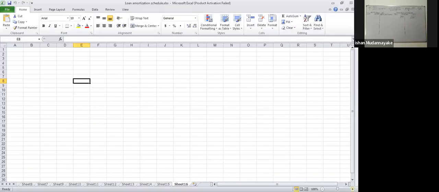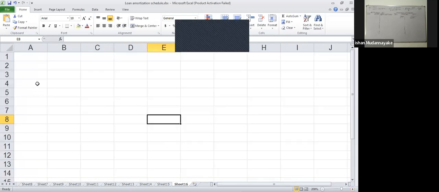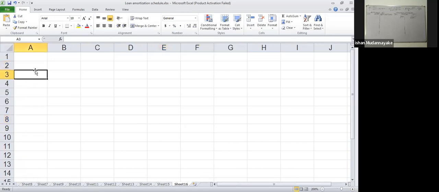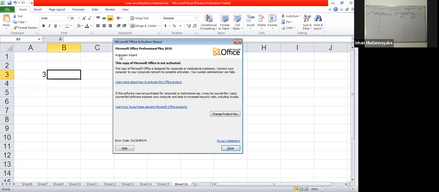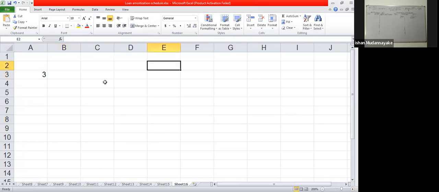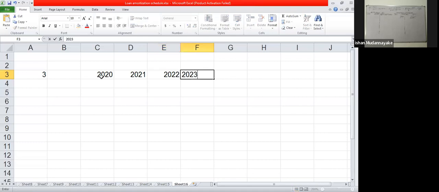Third one, annual profit of the business organization. Quickly write down the years: 2020, 2021, 2022, 2023.